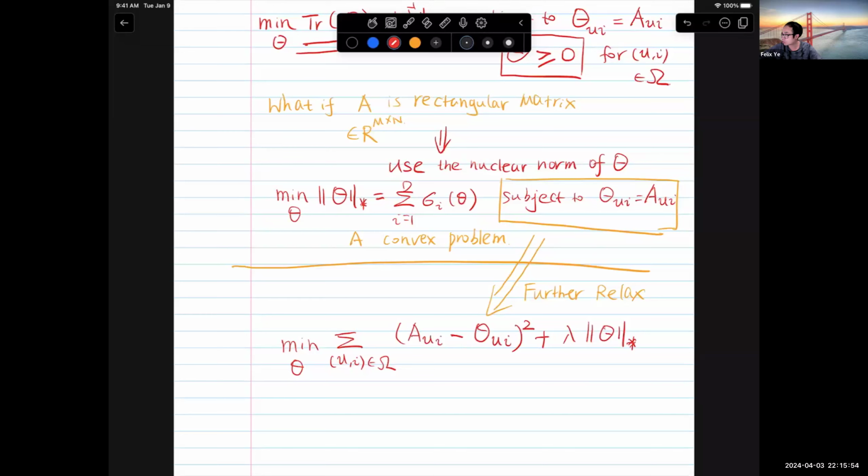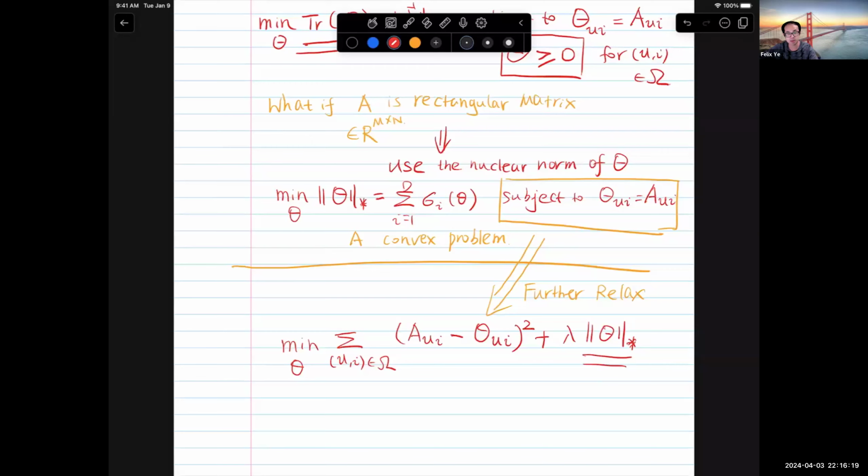I want to remind you, in ridge regression this is the L2 norm. In Lasso, this is the L1 norm. In the recommender system, in explicit feedback situations, it's likely you are going to have the nuclear norm as your penalty.